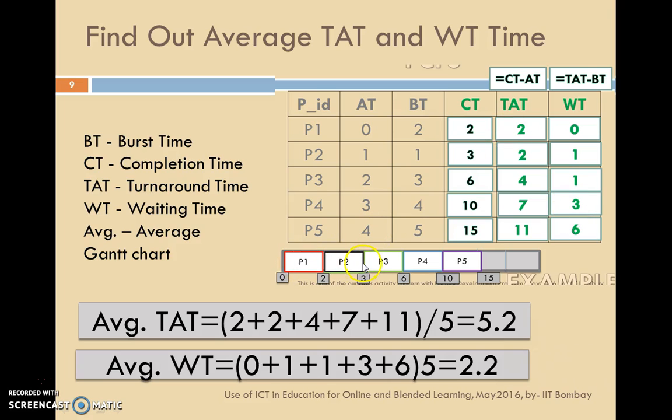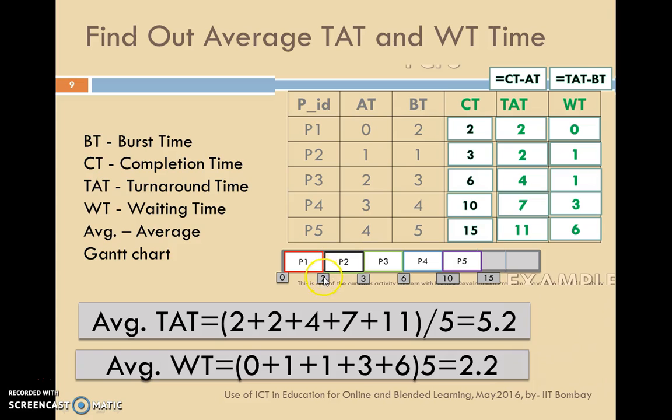Once you know the Gantt chart, we choose the first process based on the arrival time criteria. If both processes arrive at the same time, suppose P2 has arrival time 1 and P3 has arrival time 1, then we choose the one with the earlier ID for execution. That is the first come first serve algorithm.